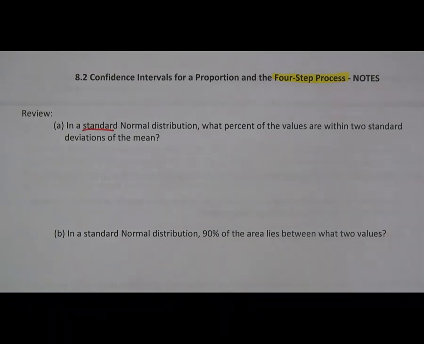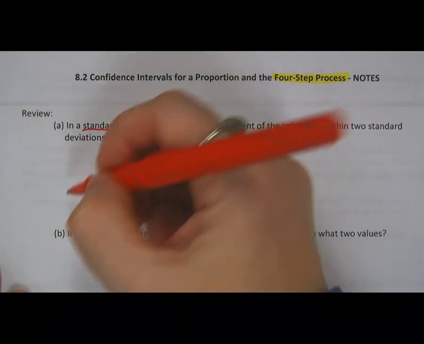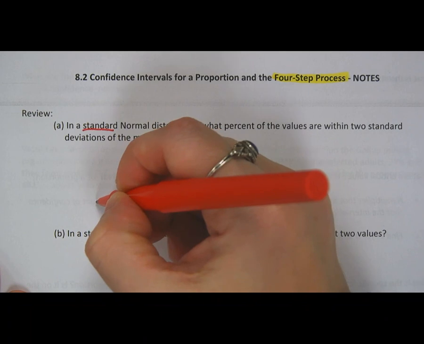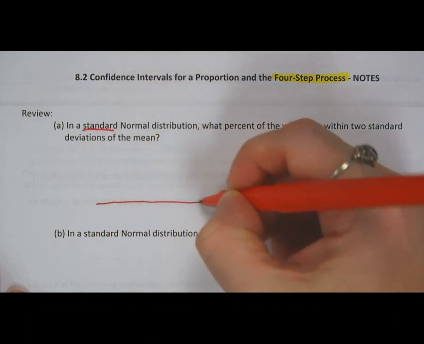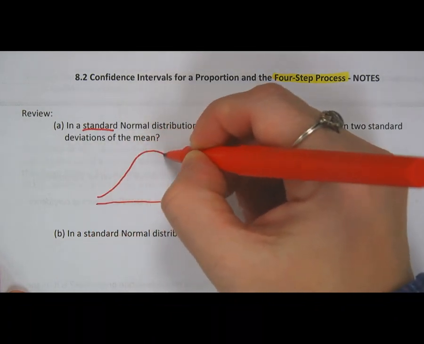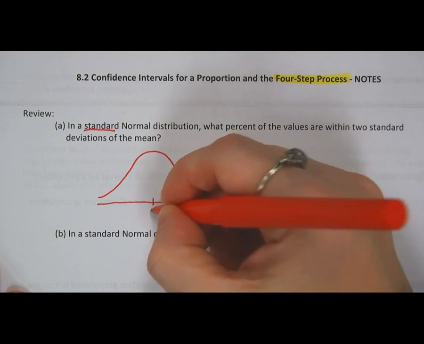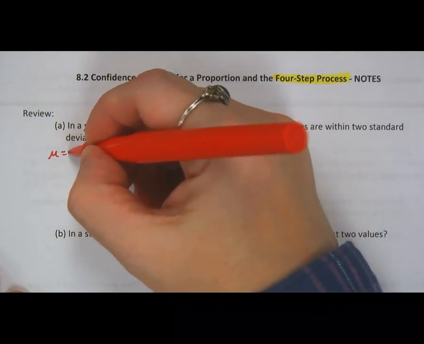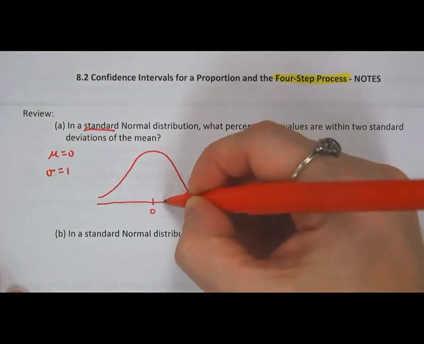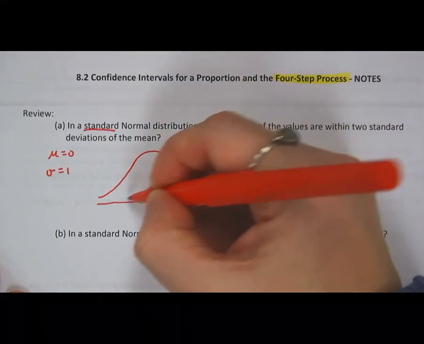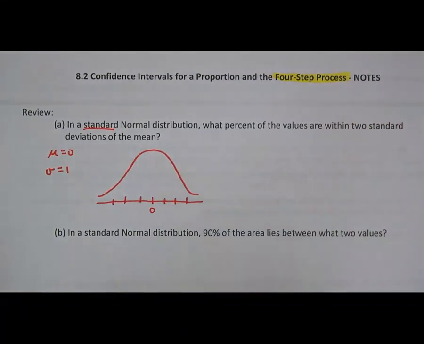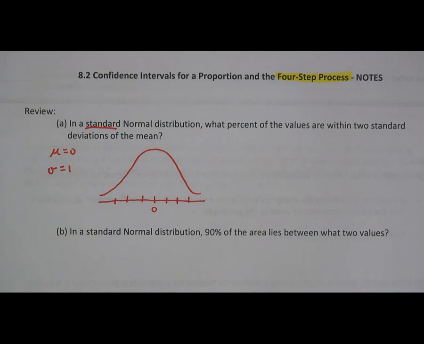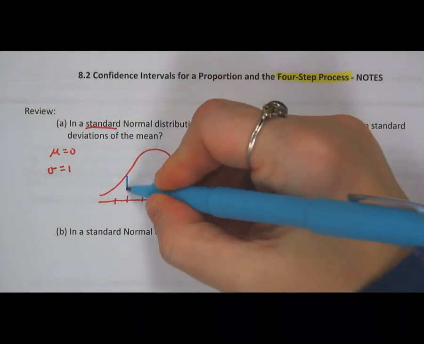So if you want to draw a little picture for yourself, we are dealing with a standard normal distribution, which again means the mean is 0 and the standard deviation is 1. And we're being asked what percent of values are within 2 standard deviations of the mean.